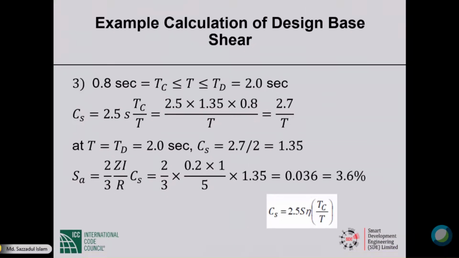Then the descending branch, T sub C to T sub D, 0.8 second to 2 second. This is the equation of the descending branch. Our eta is 1, so our equation is this. S is 1.35, T sub C is 0.8, so C sub S is 2.7 by T. At T equal to T sub D, which is 2 seconds, C sub S becomes 2.7 by 2 or 1.35.